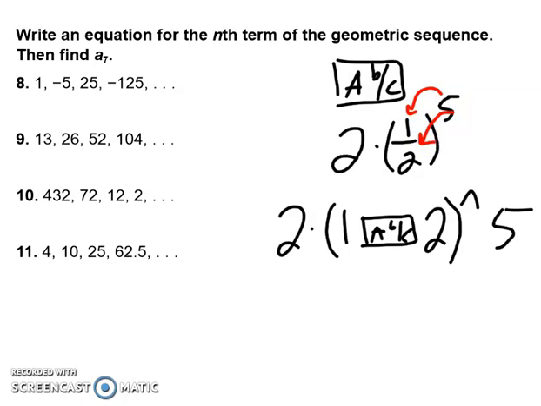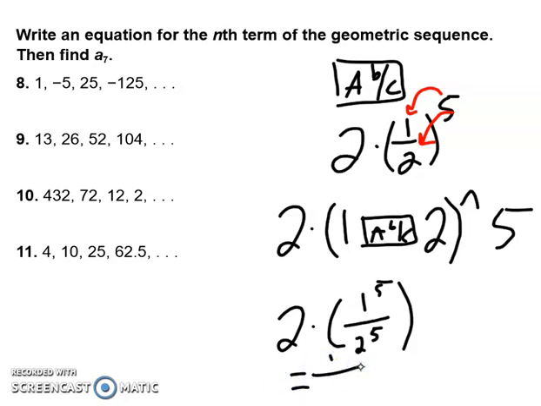So it would ultimately become 2 times 1 to the 5th over 2 to the 5th. Okay, and then from there you can just simplify down. This actually would be 1 over 2 to the 4th, 2 to the 4th, 2, 4, 8, and 16. So this would be the answer that we would be looking for.